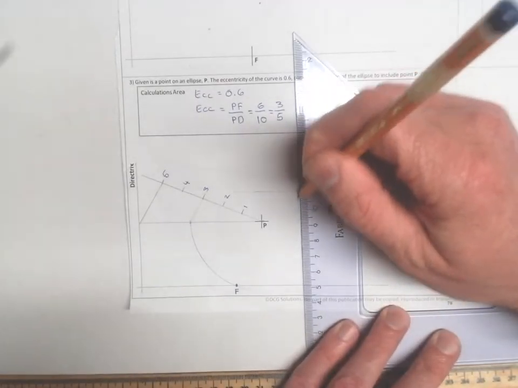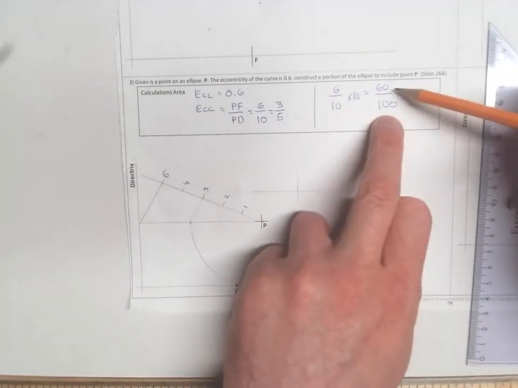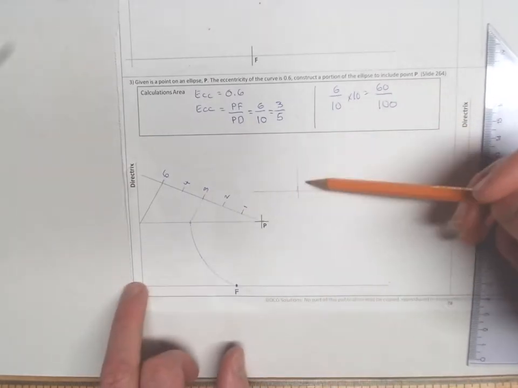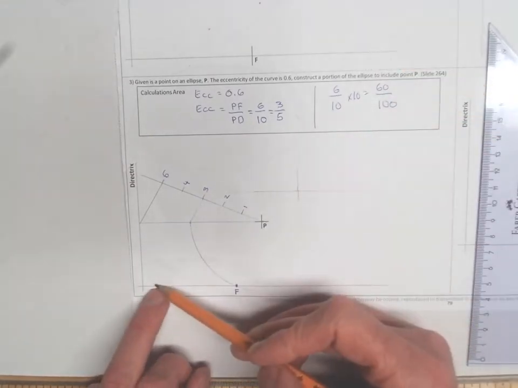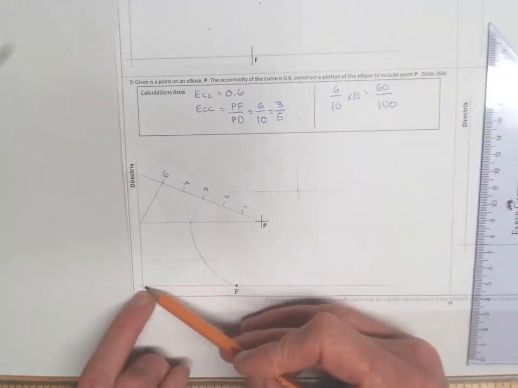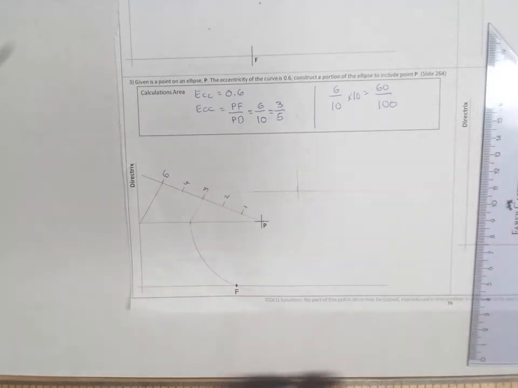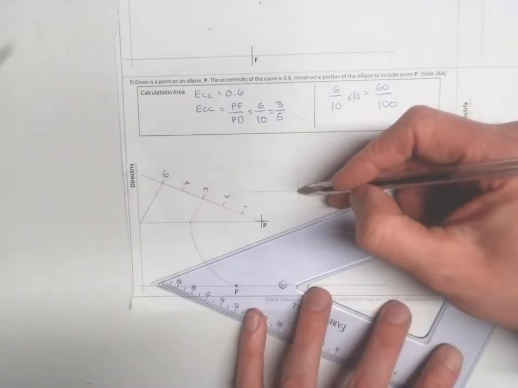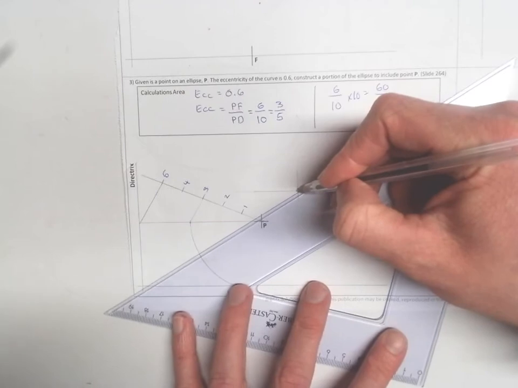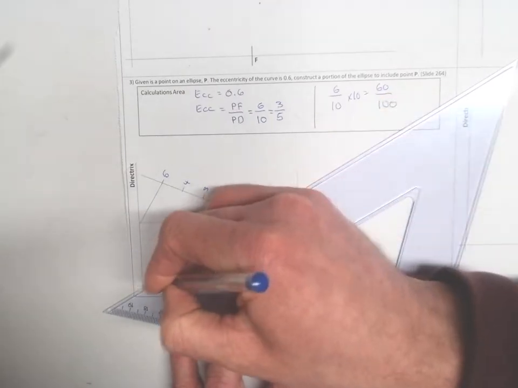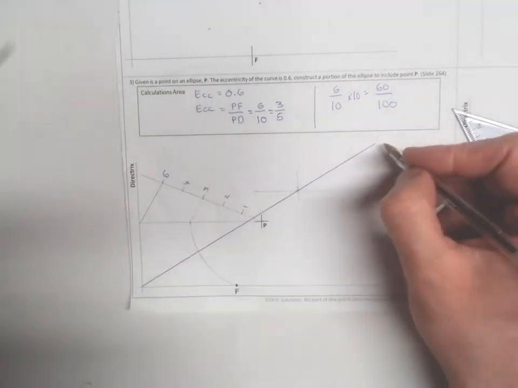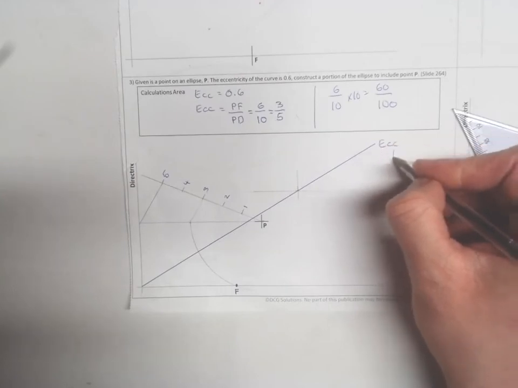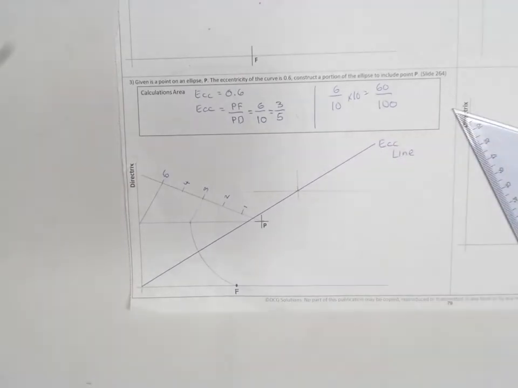So where they cross, and again I'm using my ECC ratio. I multiplied it by 10 just to have a workable measurement. We could have measured 6 and 10. It would have given us the same, but just not as accurate. So that point now is on the ECC line. That is my ECC line.